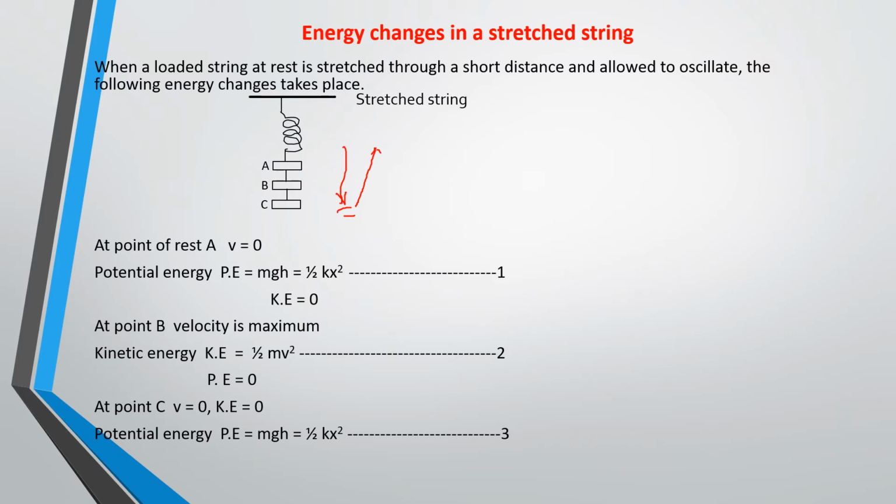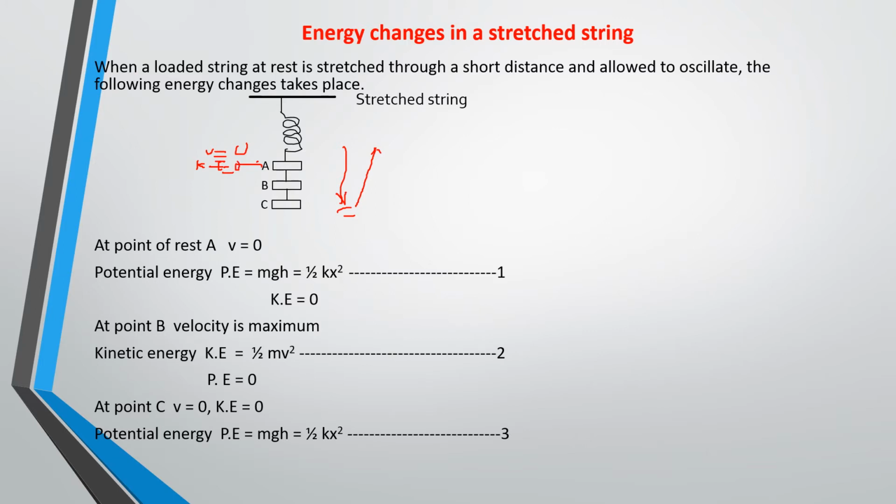Just like in a simple pendulum, at point A, velocity is equal to 0. So the kinetic energy at this point is also equal to 0.